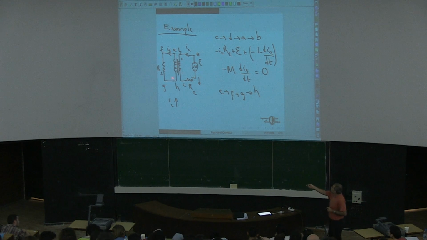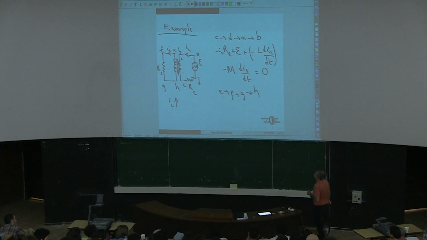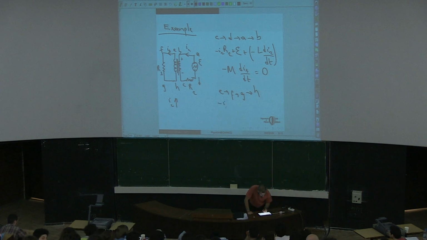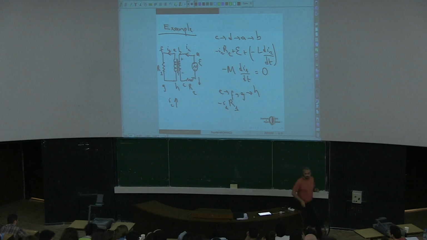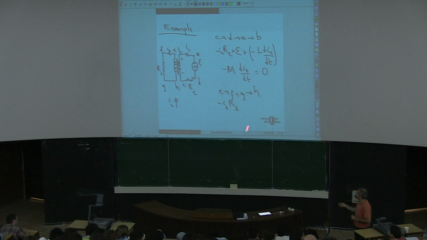F to G, how much energy gain? From E to F, F to G, the energy gain will be minus I1 R1. I'm writing the energy gain. You can write energy loss. It's the same thing, it's just the overall minus sign. This is the energy gain over here.